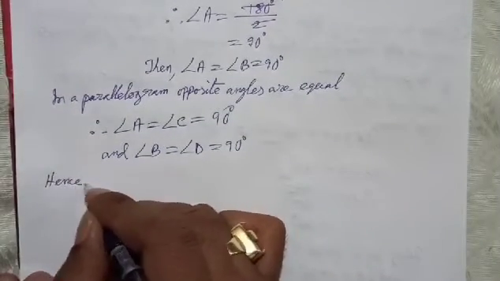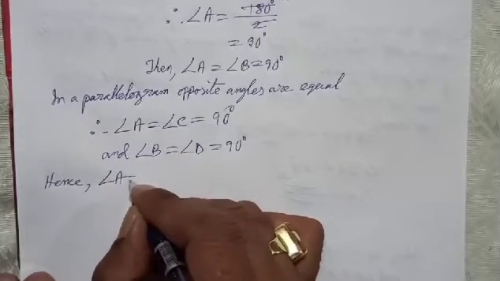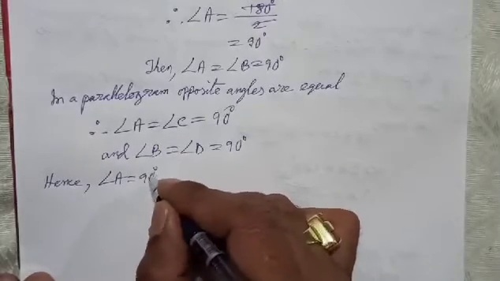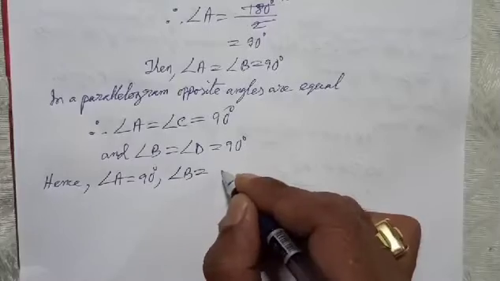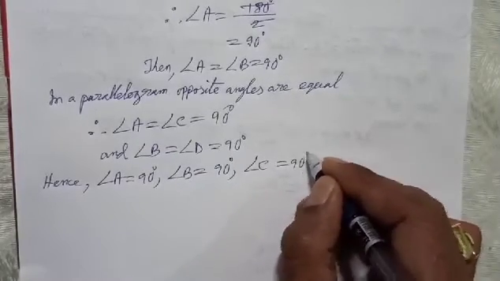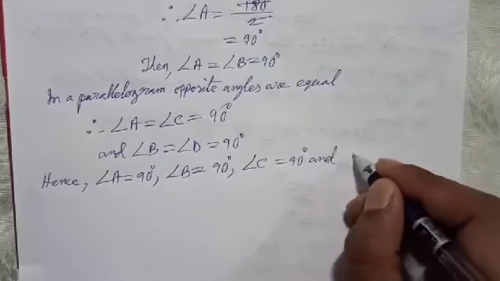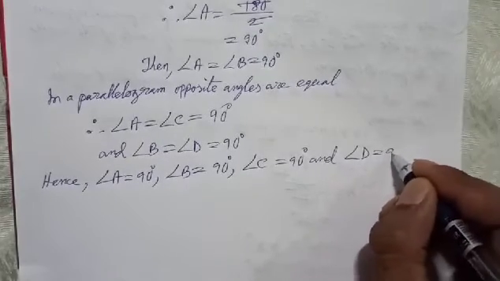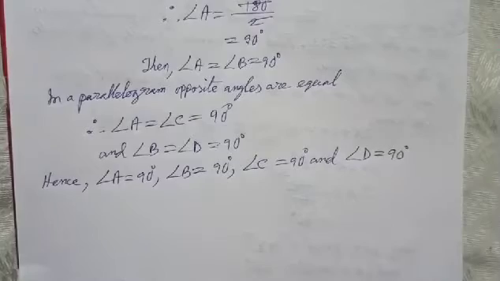Hence, angle A 90 degree, angle B 90 degree, angle C 90 degree, and angle D is also 90 degree. That means all the angles are 90 degree.